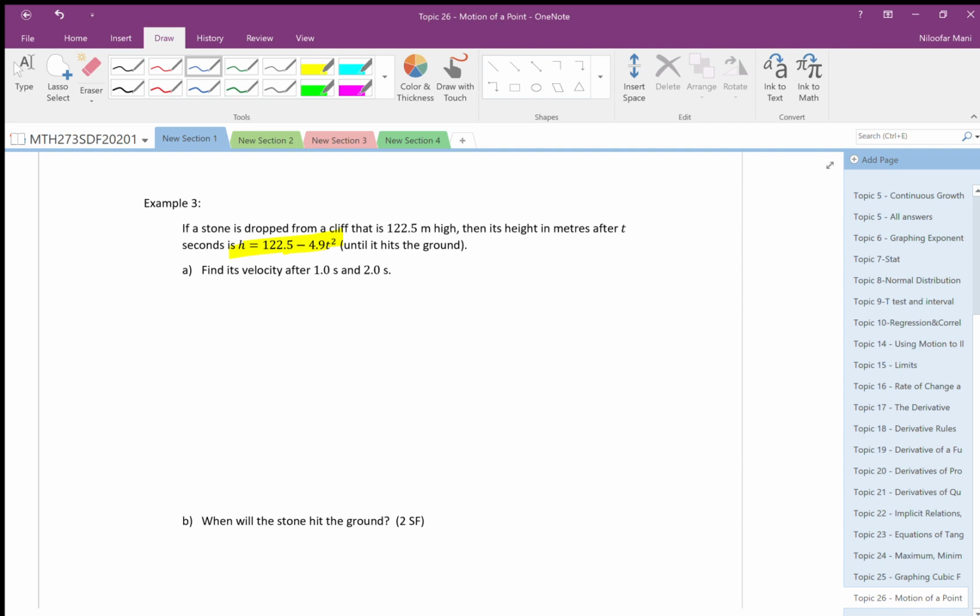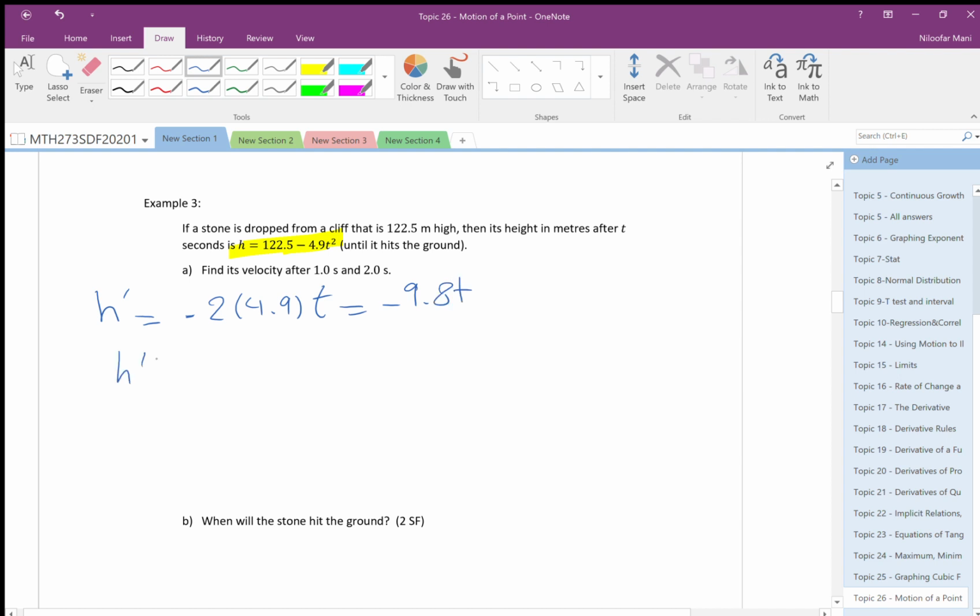So find the velocity here. When it says velocity, remember, you have to find the first derivative. h prime is minus 2 times 4.9 t, which is minus 9.8 t.